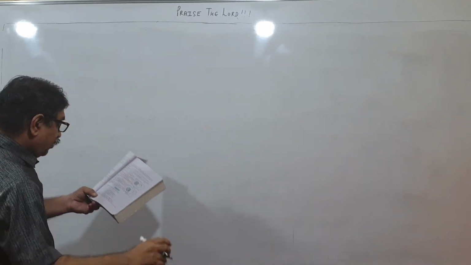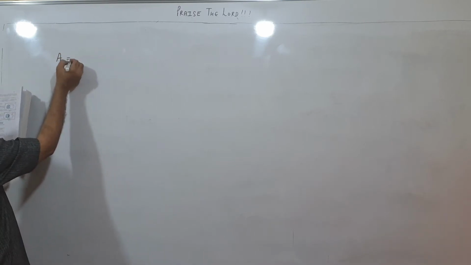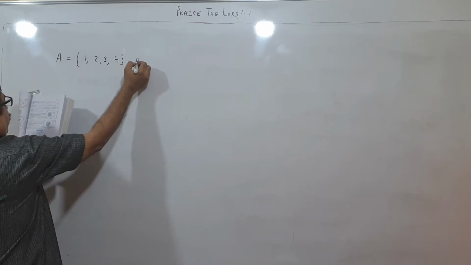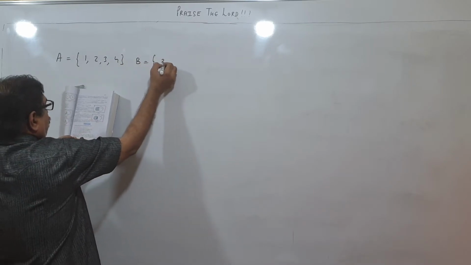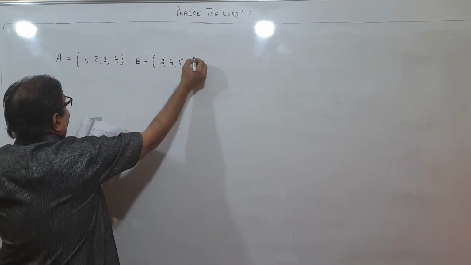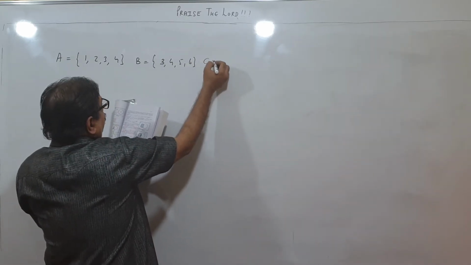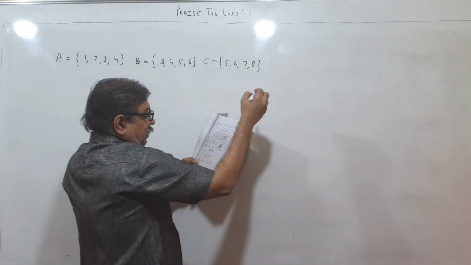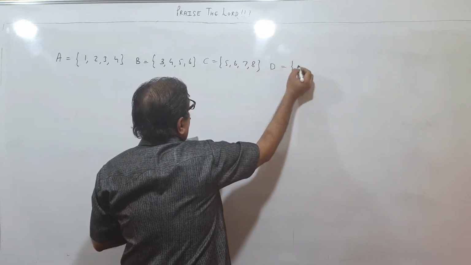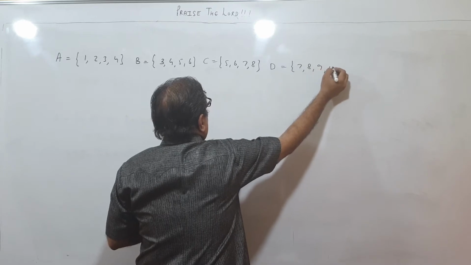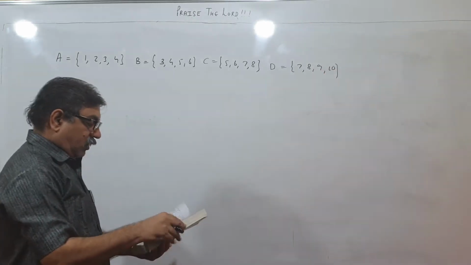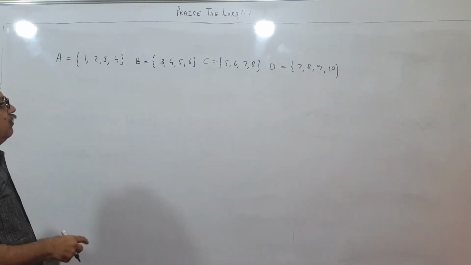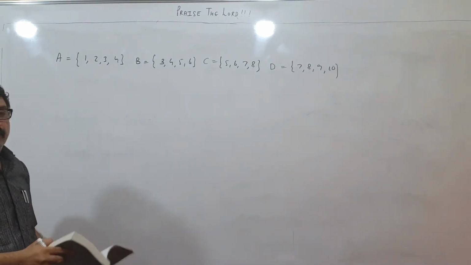There are 4 sets given to me. A is 1, 2, 3, 4. B is 3, 4, 5, 6. C is 5, 6, 7, 8 and D is 7, 8, 9, 10. We have to find A union B: that will be 1, 2, 3, 4, 5, 6.